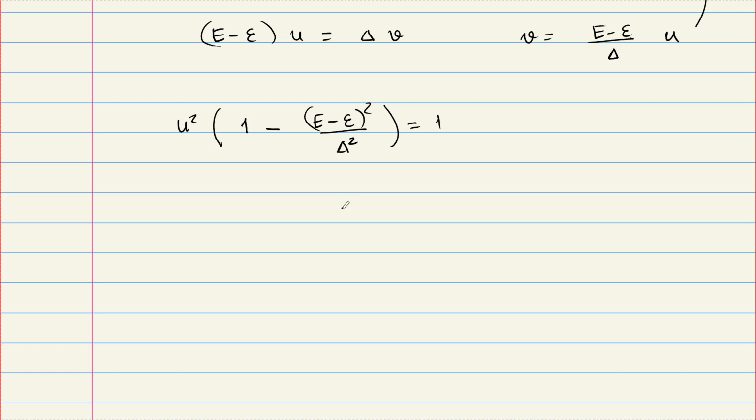So from here, what we find is u squared is, what is it? Delta squared divided by delta squared minus (E minus epsilon) squared, right? But what is delta squared? Okay, we found E squared is equal to epsilon squared minus delta squared. We found this from the spectrum. Then delta squared is epsilon squared minus E squared.